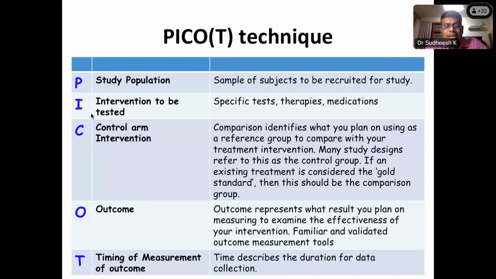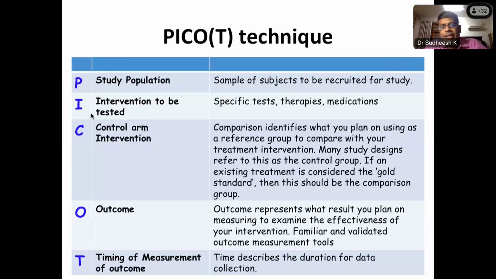And then the last is the T, that is, timing of measurement. Because we are talking about subarachnoid block, it is implied that you are talking about the intraoperative period. So it's not always necessary that T has to be incorporated in the research question.